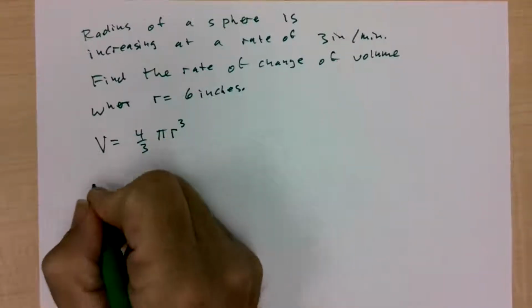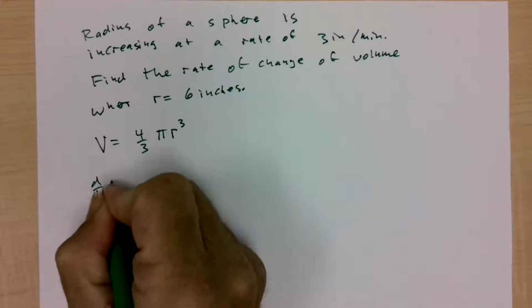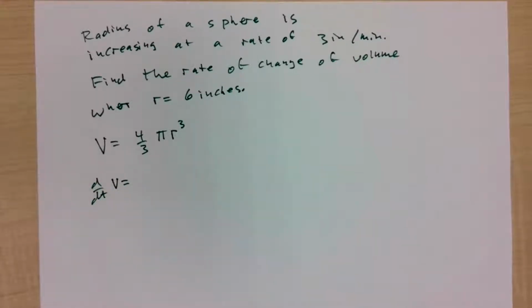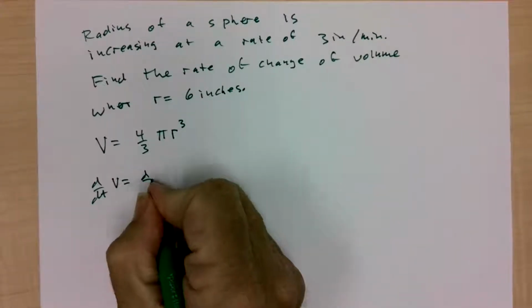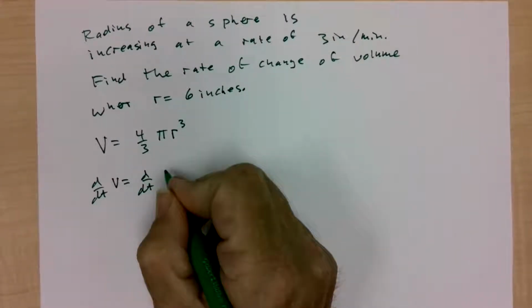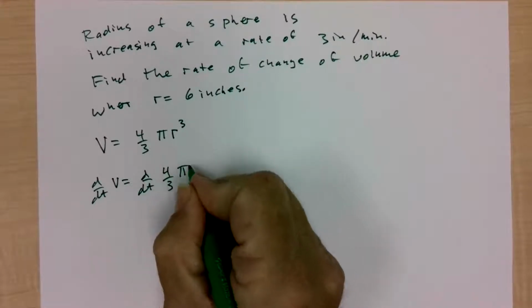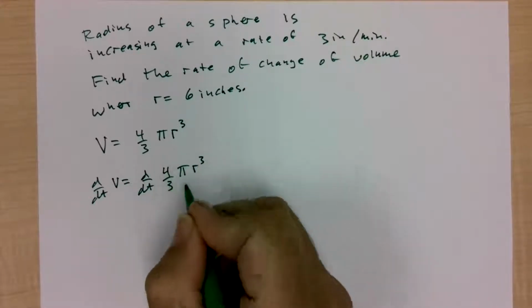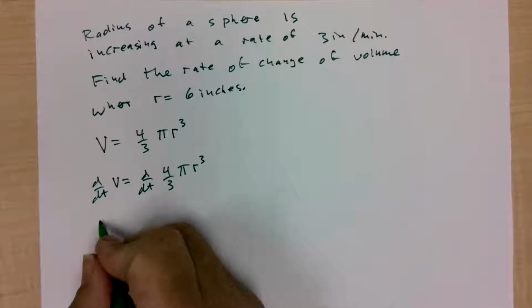We're going to take the derivative with respect to t of both sides. d/dt of V is d/dt of 4/3 pi r cubed. Now 4/3 pi is a constant that can be pulled out front.